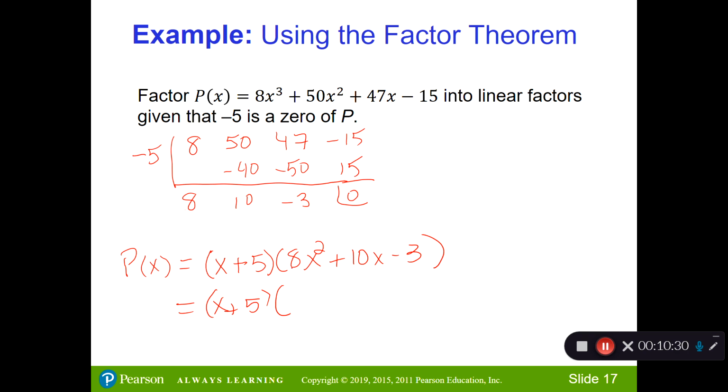So notice that 4 times 3 is 12, and then 2 will take me back to 10. So I'm going to go 4x and 2x to get the 8x squared. And I want the 3 to multiply here, and I want the result to be positive. So this needs to be a positive and this a negative. 4x, that would be 8x squared plus 12x minus 2x minus 3. We've factored it correctly. There is our complete factored form, the linear factors.